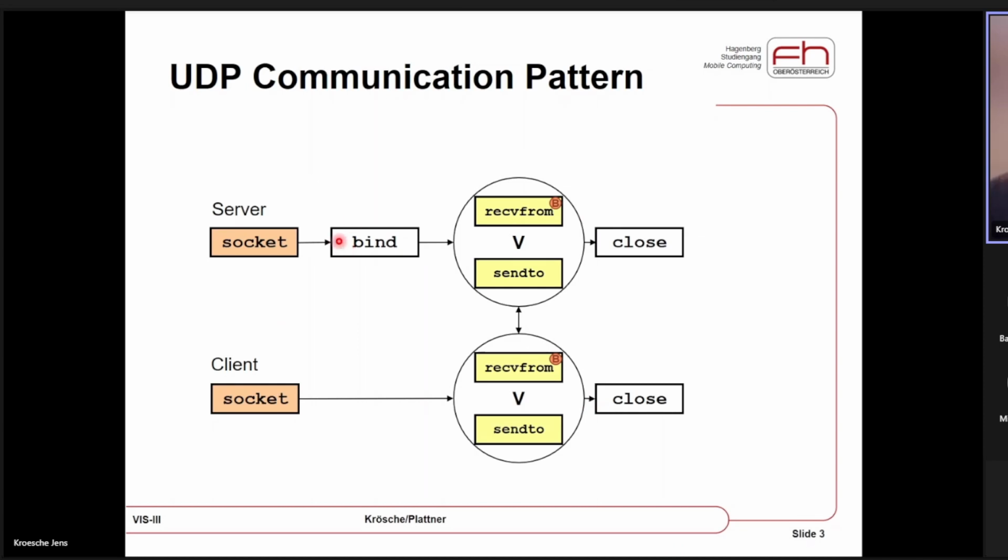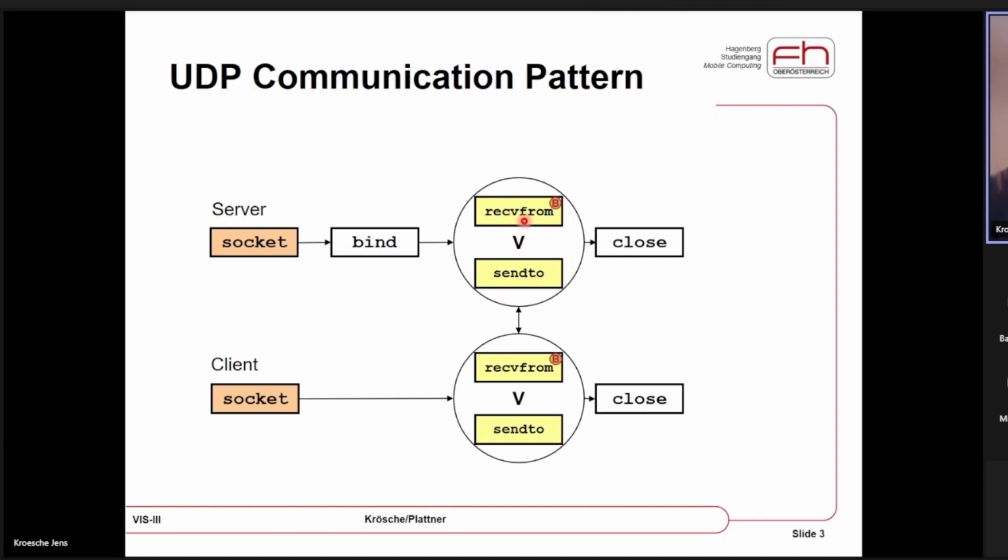It's a reduced amount of functionality. So we have the server that still needs to build a socket handle. The socket handle is bound to a specific address so that the server can receive post that is for him or for her, for it. And the receive and send methods are also slightly different. As you can see, it's not send and receive anymore.